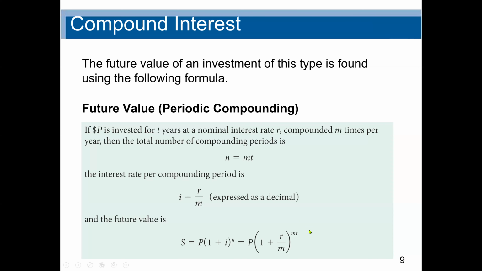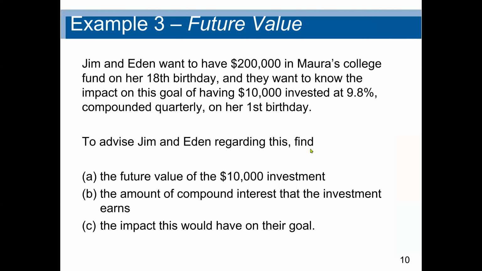So let's see an example. The example is given to us here. Jim and Eddie want to have $200,000 in Morris's college fund on her 18th birthday. And they want to know the impact on this goal of having $10,000 invested at 9.8% compounded quarterly on her first birthday.